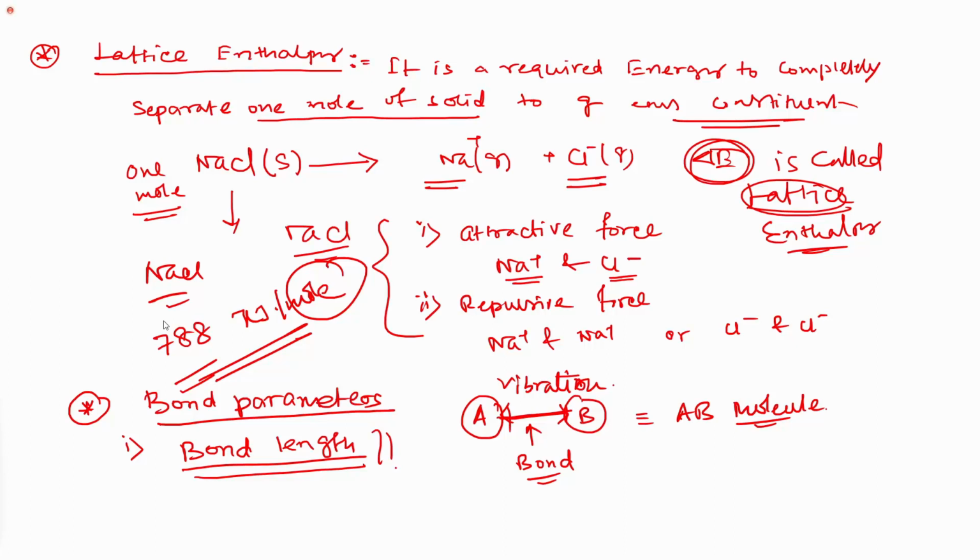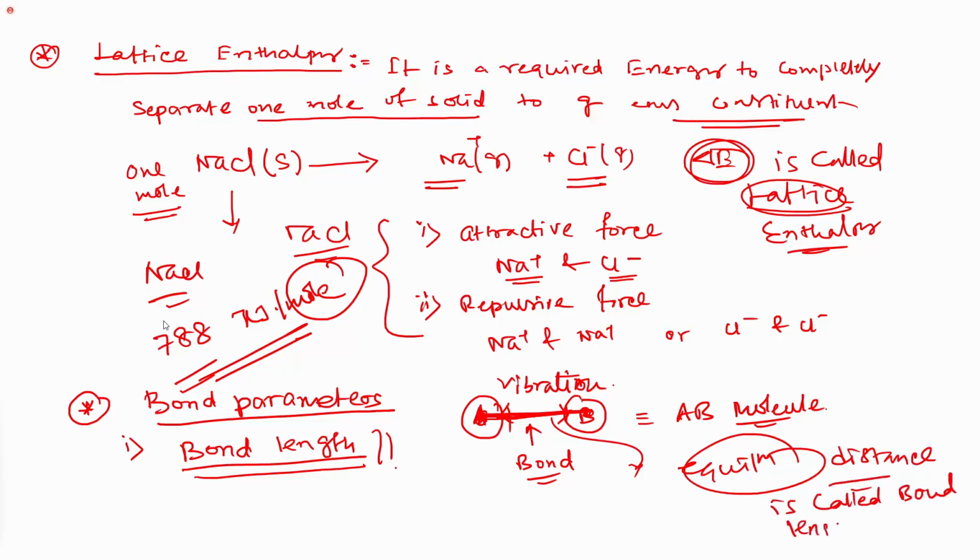Whatever nucleus is present for A and for B, the distance between the A and B nuclei, this equilibrium distance, is called the bond length. This term is very important.